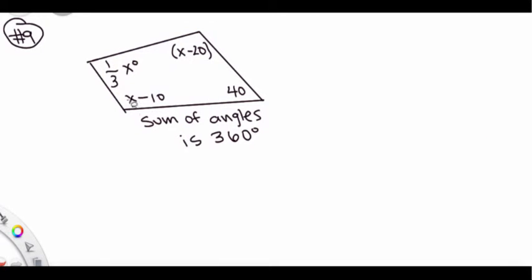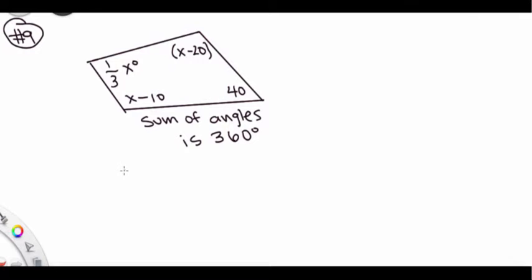Okay, this is number 9, and basically this is a polygon one where we have to sum up all of the internal angles, and they're equal to 360. So we start by having all of the angles on one side and the sum of the angles on the other.